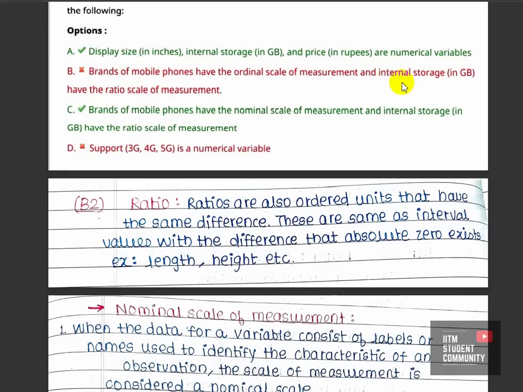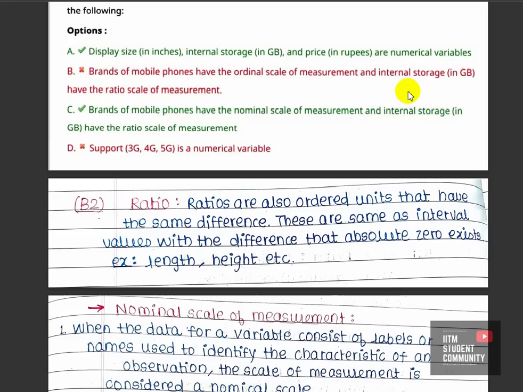The next part of the option says internal storage have ratio scale of measurement. Now first we'll understand what is a ratio. Ratios are also ordered units that have the same difference. Now if we see, internal storage is ratio scale of measurement. Like we have 16 GB, 32 GB, 64 and 128.